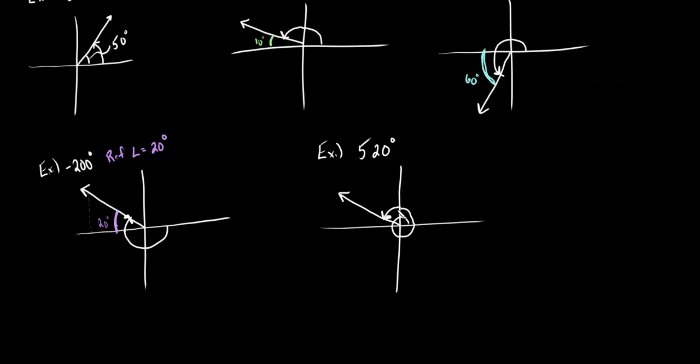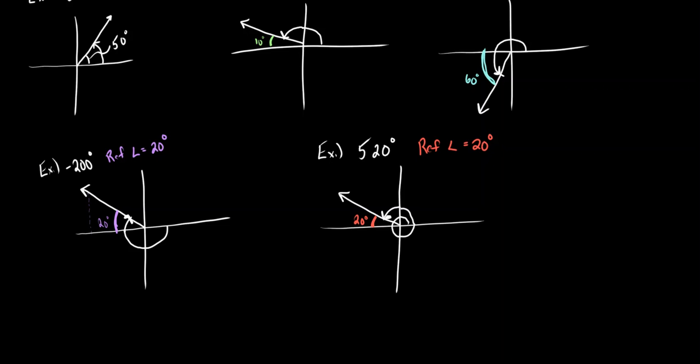That would be our rotation. Our reference angle would be the angle formed from the terminal side and the x-axis right here. I was here at 450, and I had to go another 70, which means this little piece is 20 degrees. So the reference angle is 20 degrees.